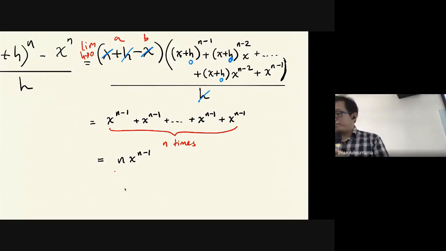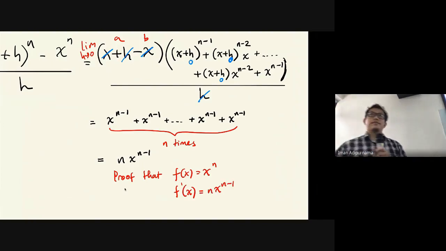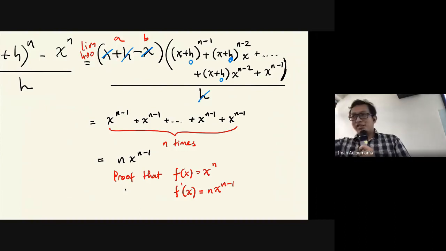So the proof is that if you have f of x, then your f prime is n x to the n minus 1. If you want to show off to your high schoolers, juniors, I can prove it for you. Or you can ask them how they know this, and then show them, oh, here it is, if you want.